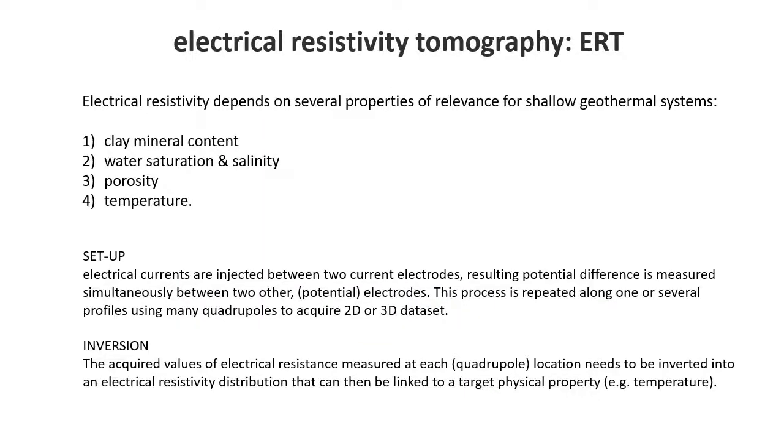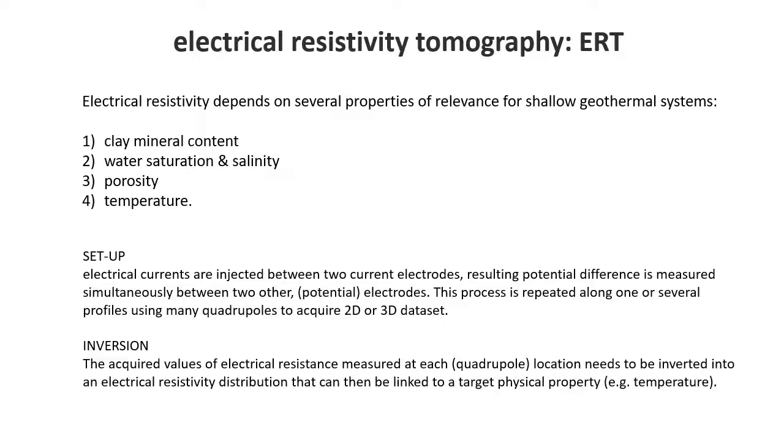So electrical resistivity tomography, therefore, depends on a number of things. The electrical resistivity depends on the clay mineral content in the subsurface, the water and salinity, the porosity, and the temperature. So the way the problem is set up, because we really are mostly interested in temperature and not so much in the other ones, is that we'll inject electrical currents by means of current electrodes and then measure the potential by means of potential electrodes.